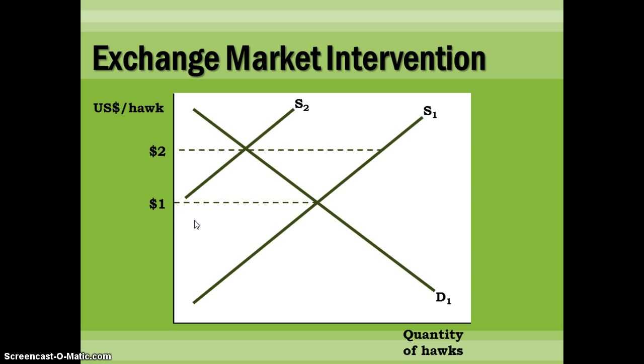The result of this appreciation of the hawk should be that Matatopia, because its currency now is more powerful than it was before, it's appreciated, should become a net importer.